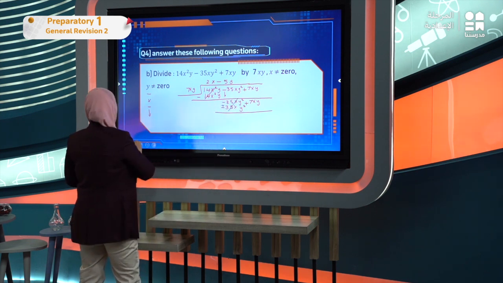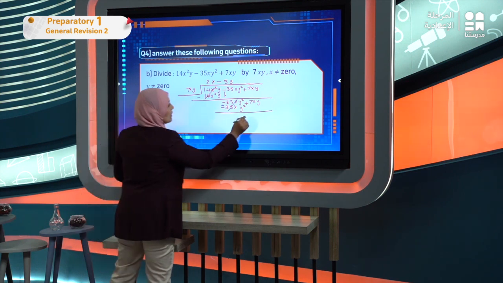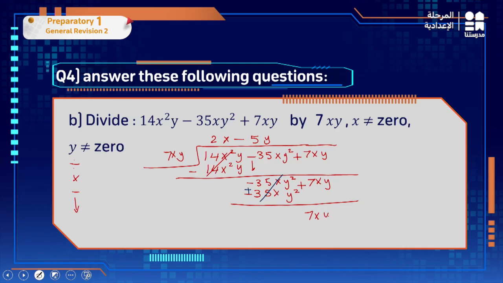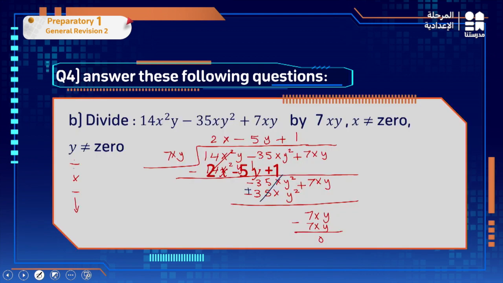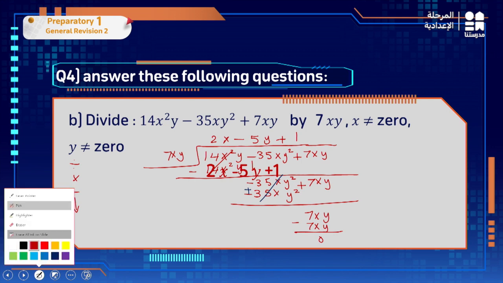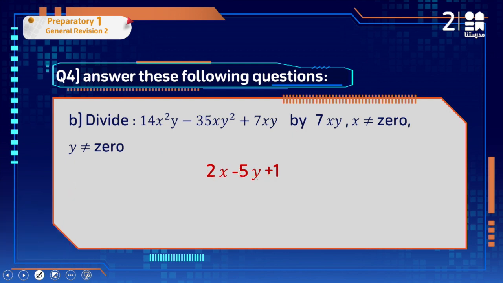Then bring down 7xy. 7xy divided by 7xy is 1. 1 times 7xy, then subtract them, we will get 0. So the final answer is 2x minus 5y plus 1.